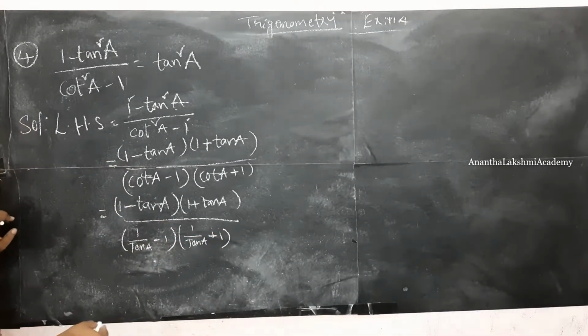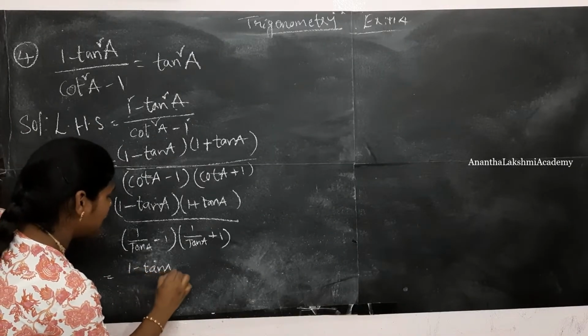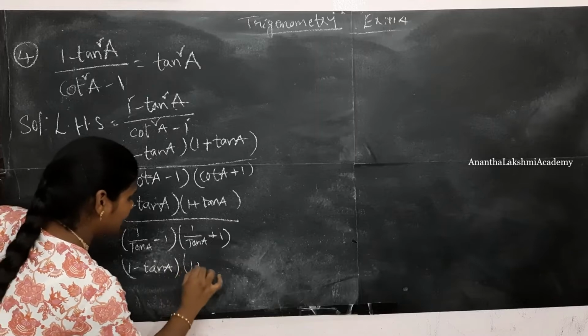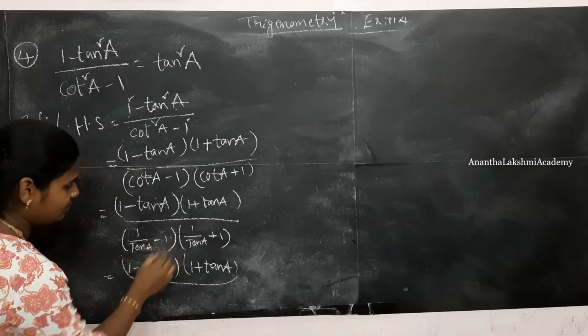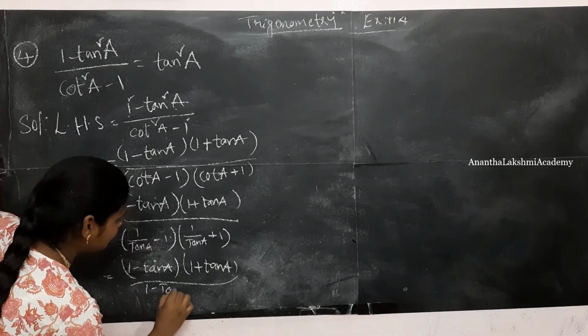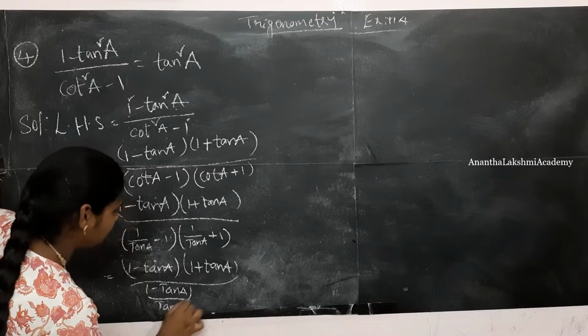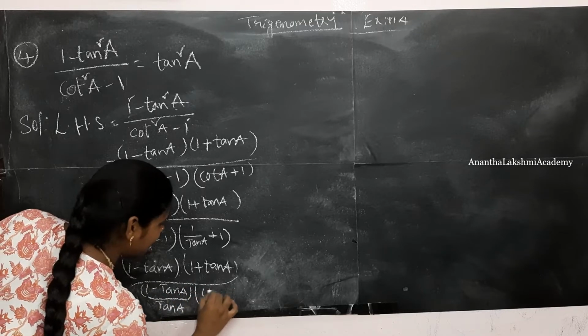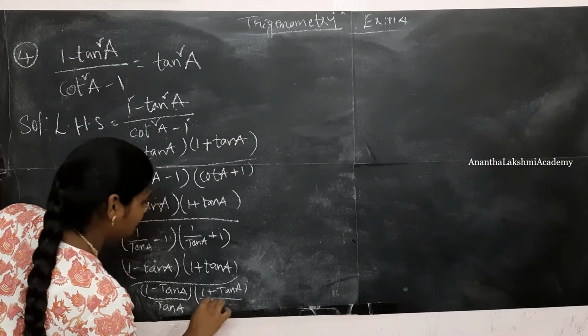So what does this become? If I consider 1 minus tan A, 1 plus tan A, this becomes (1 minus tan A) by tan A, and this is (1 plus tan A) by tan A.